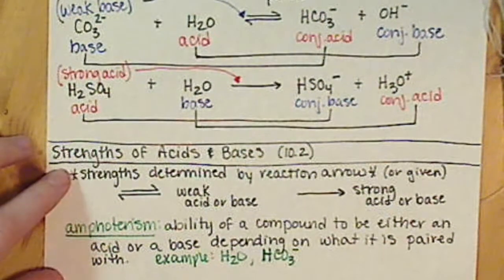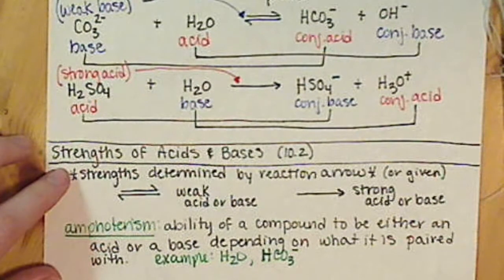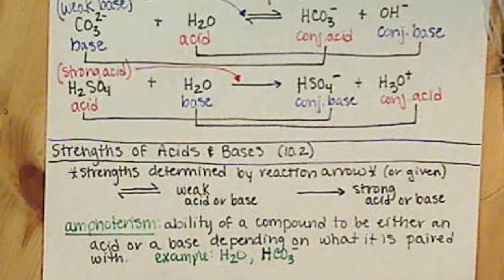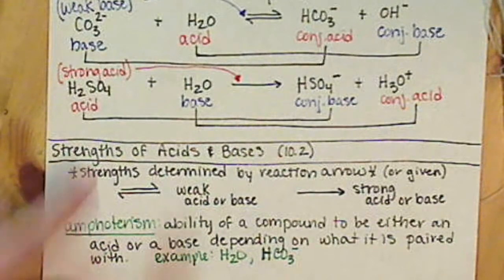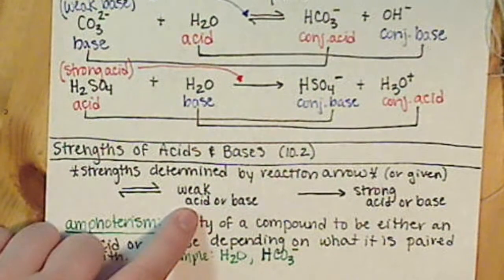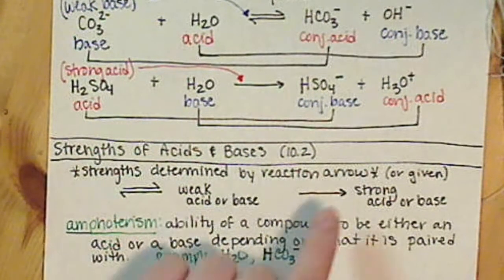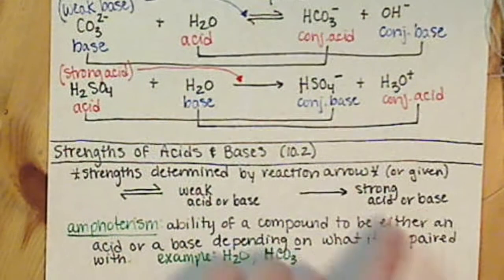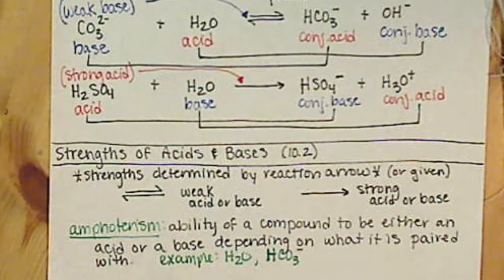I want you to be able to identify the strengths of an acid or a base by their reaction arrow, just like you did for the strong and weak electrolytes. Same rules apply. If you have the double reaction arrow, you're looking at a weak acid or a weak base. If you're looking at the single forward reaction arrow, you're looking at a strong acid or a strong base.